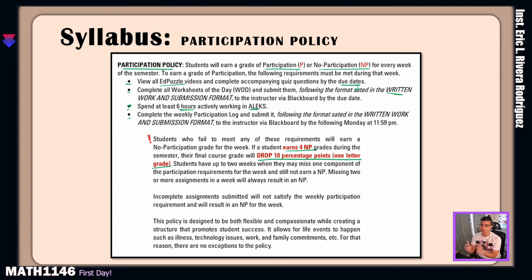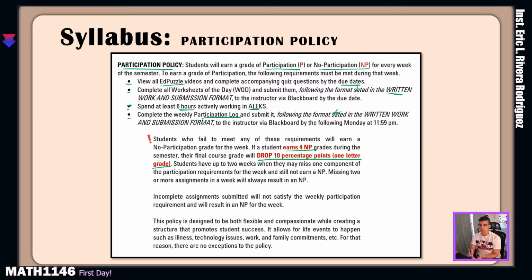Okay. The last requirement, we have a document that is called Participation Progress Log. It's like a to-do list. It's a document that I have prepared for you that helps you to keep track with the class. You are going to use the participation log along with the calendar to know what is due, when it is due, and to know what you need to do on that week.